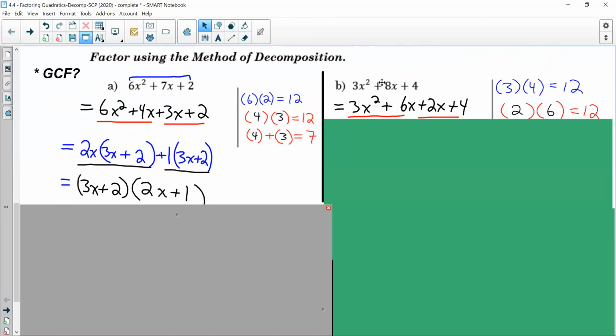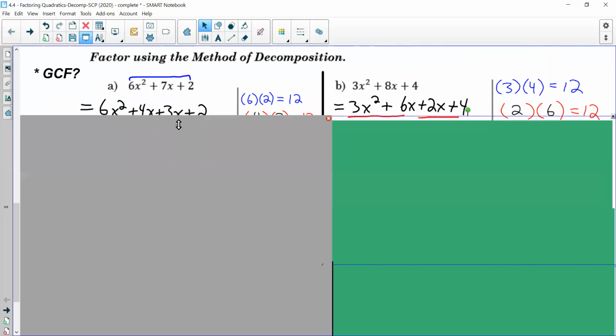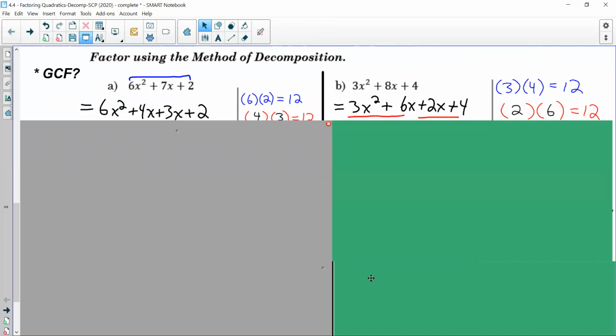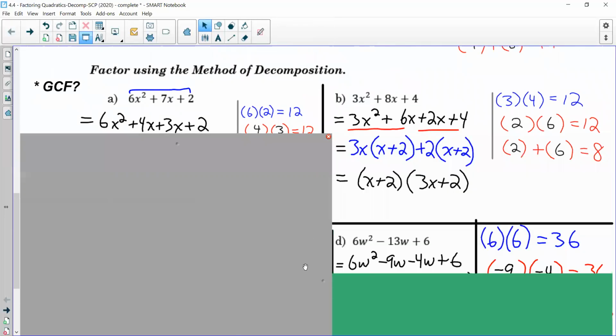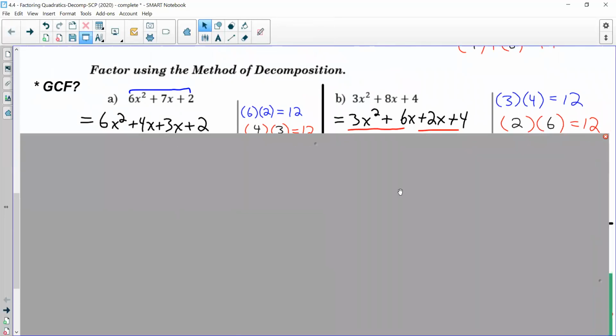But do those numbers add to 8? And yes, they do. So then we can decompose. So the decomposition there is going to look this way. Whoops, terribly sorry about that. Okay, so we're decomposing now the 8x into the plus 2x and plus 6x terms.